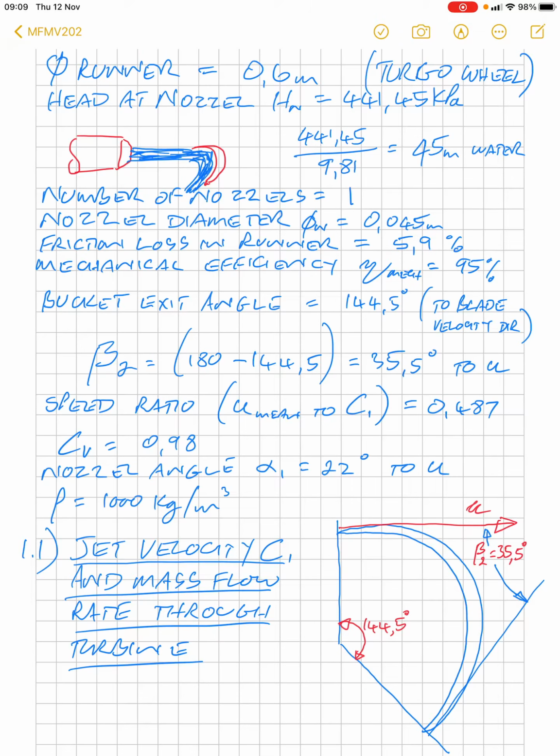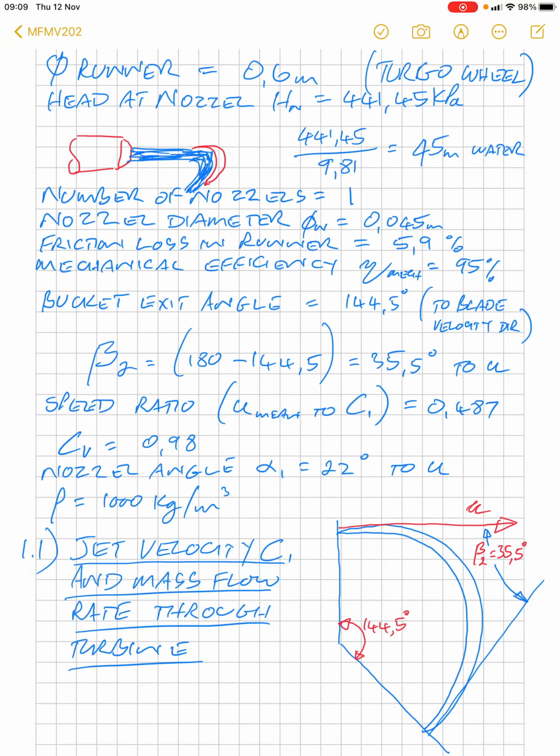Speed ratio is a reflection of the difference in speed between the jet coming out of the nozzle and the actual blade forward direction, which is u. So that's 0.487. That is a ratio, so that's 48.7% slower than the jet.